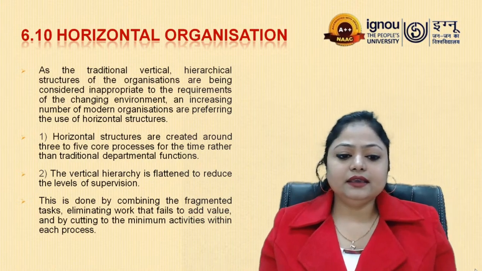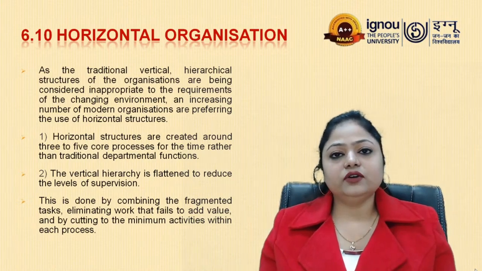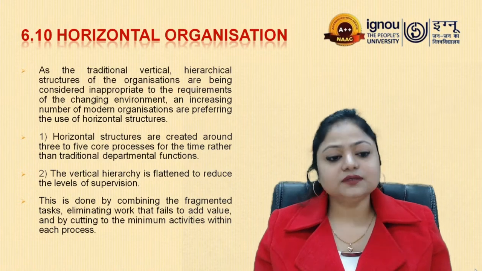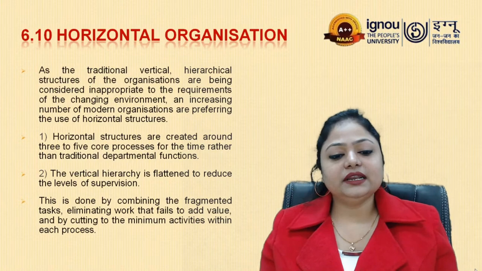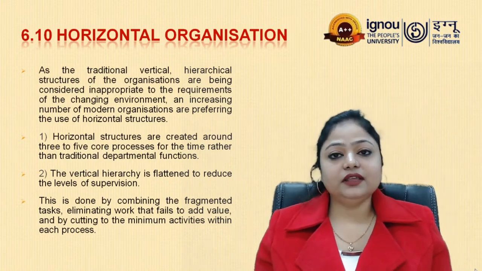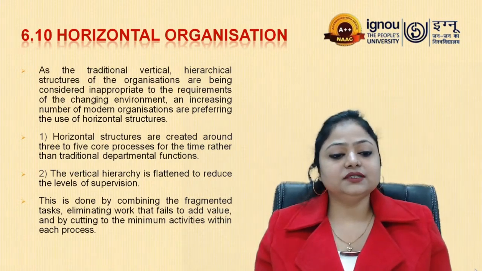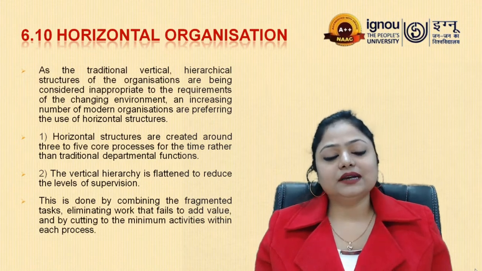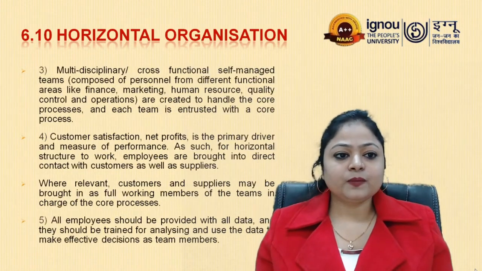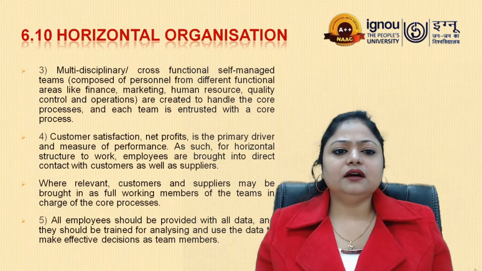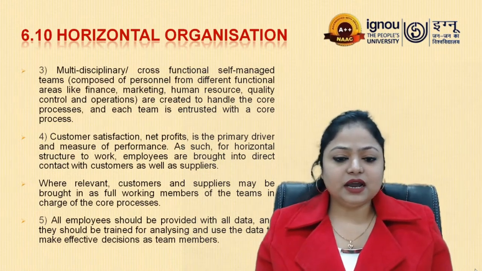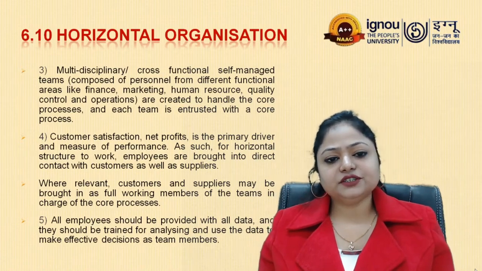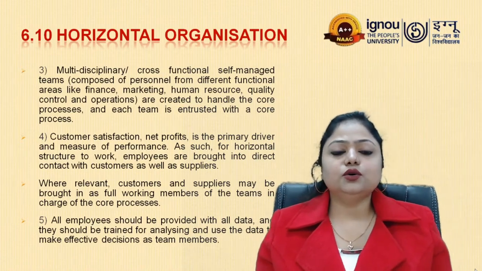The vertical hierarchy is flattened to reduce the level of supervision needed, by combining fragmented tasks and eliminating work that fails to add value to the organization. Multidisciplinary, cross-functional self-managed teams, like finance, marketing, HR, quality control and operations, are created to handle the core processes.